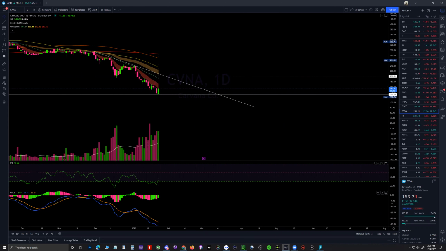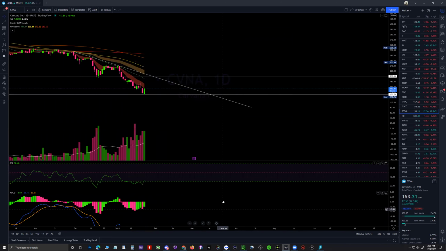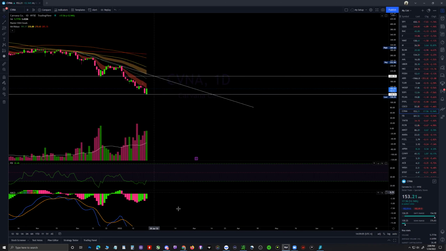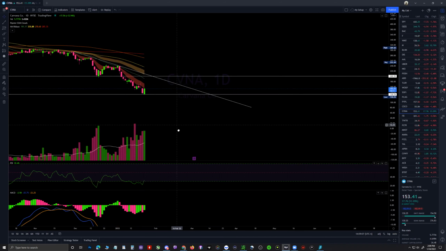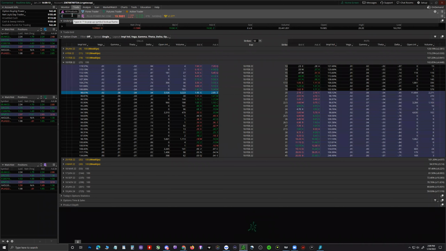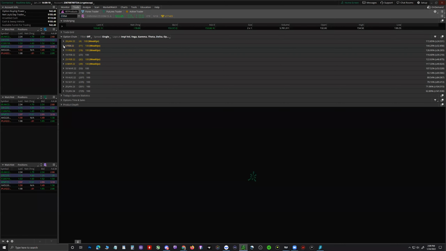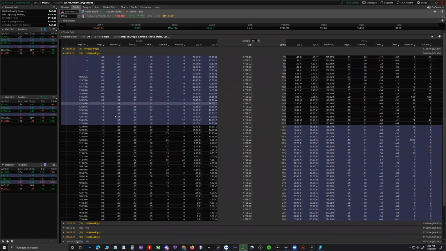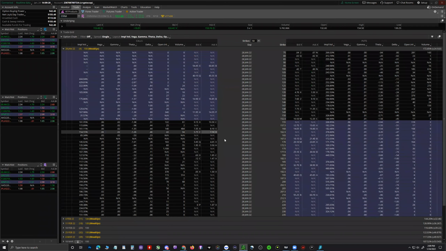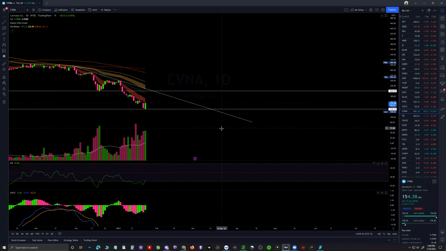And if we look at the MACD, it looks like we're starting to work our way back up. So let me take a look at contracts. I have a feeling these are kind of expensive though. Yeah, these are way too expensive. Even if we were just to go to January 28th, Carvana is still way too expensive. We would have to go way out of the money, and I'm not going to do that. So moving on.